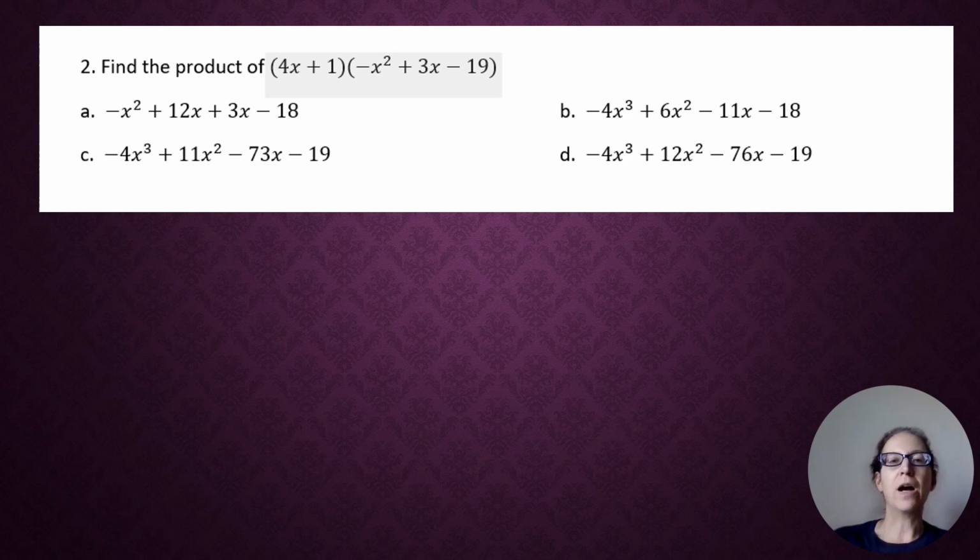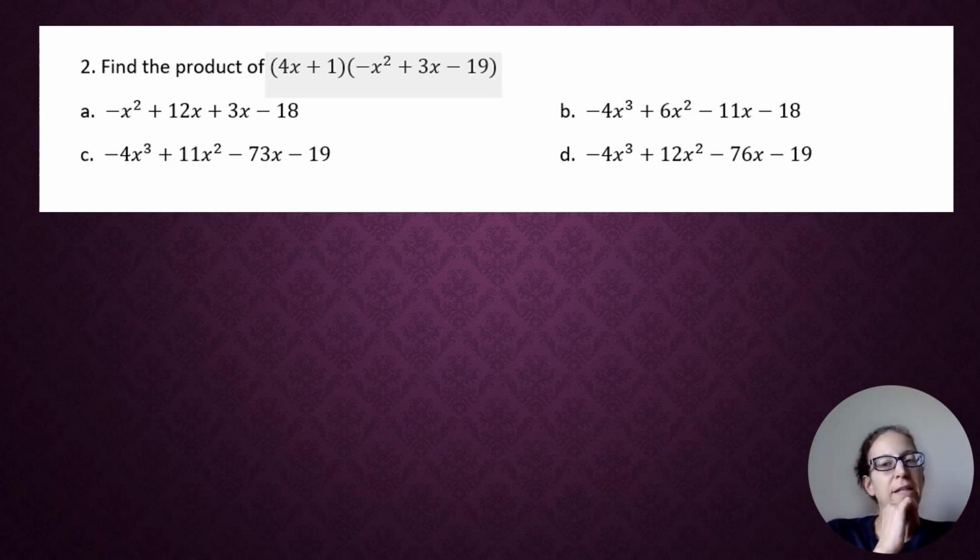You could put the product in as y equals, and then graph each of the answer choices, y equals answer choice A, y equals answer choice B, to see which one matches the graph.